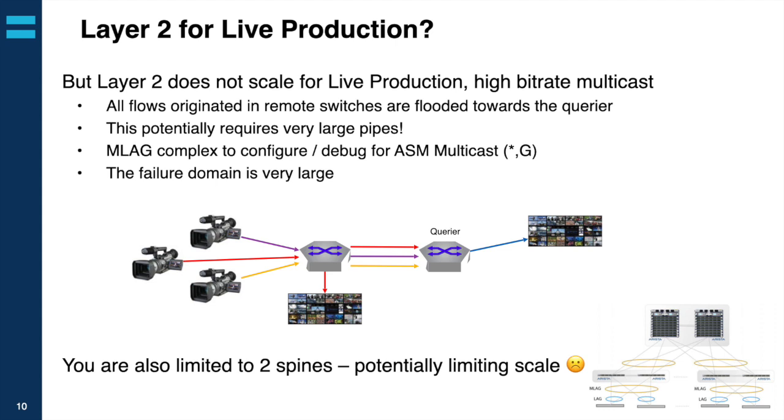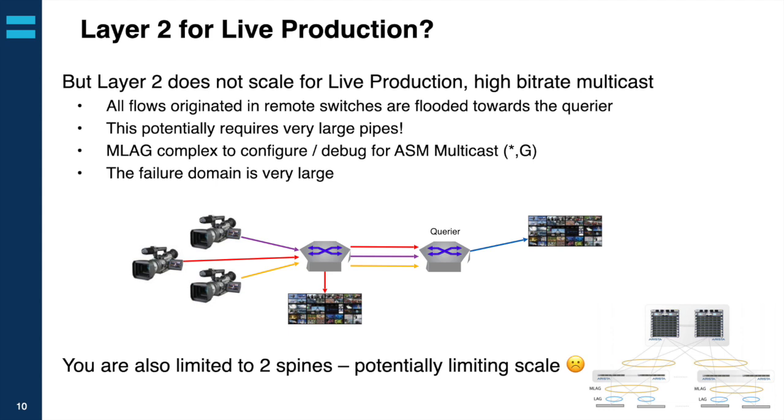It doesn't have a choice. That's the way that multicast works in layer 2 environments. So all those 3 cameras, they're used by the multi-viewer there on the left. But irrespective of whether they're needed on the right, they'll be flooded towards that querier, so that the querier can understand what traffic is in that multicast layer 2 domain.